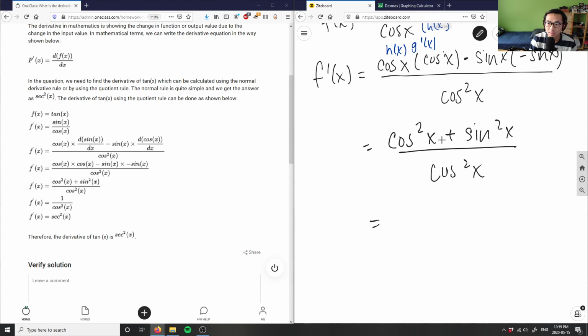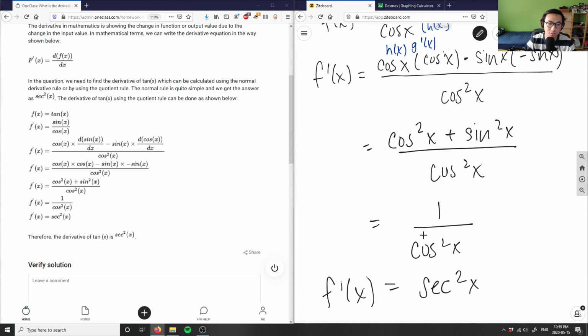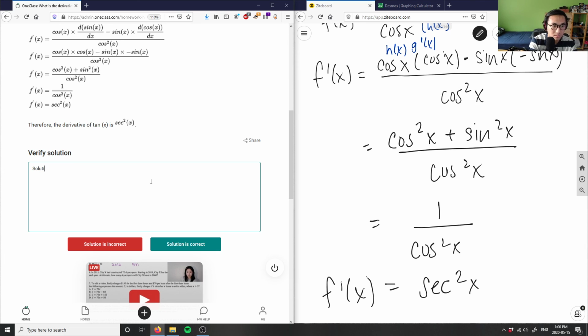We know that sine squared x plus cos squared x equals 1, right? So this is the Pythagorean identity. So we can say 1 over cos squared x, which is equal to secant squared x. Therefore, the derivative of tangent x is secant squared x. So the solution is correct, and it's a good analysis as well.